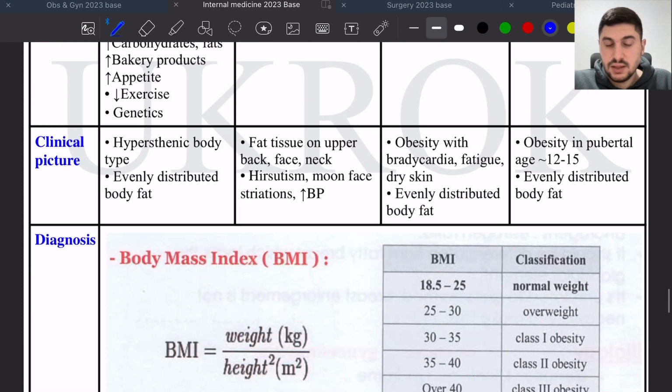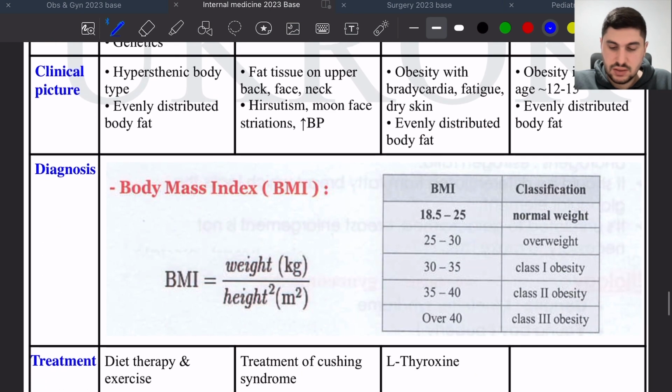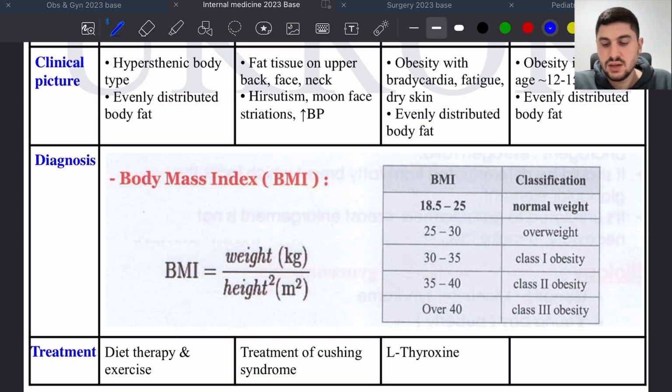To define the stages of obesity, we have this nice table. It's very easy. We classify normal weight and overweight based on the body mass index. It's the weight over the height to the power of 2, so height multiplied by height.